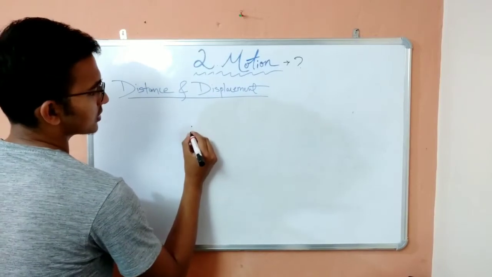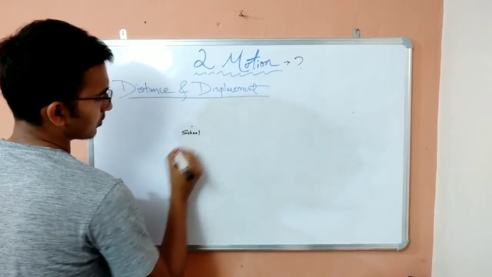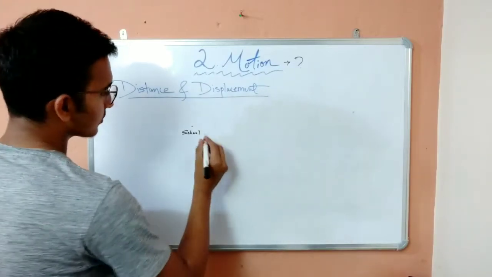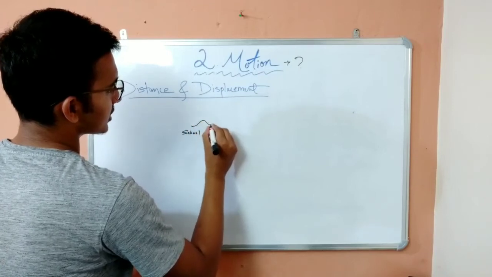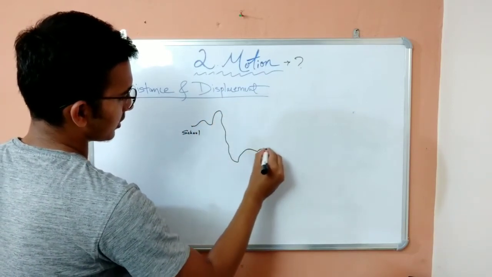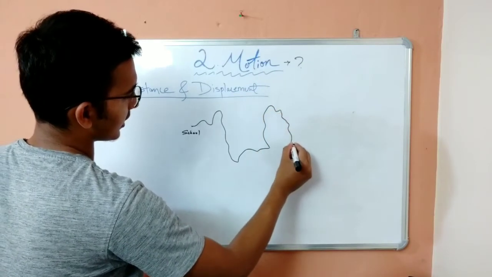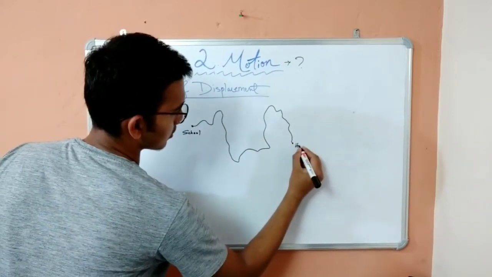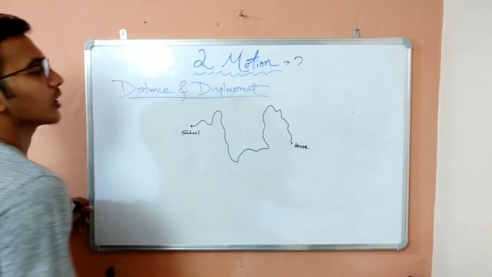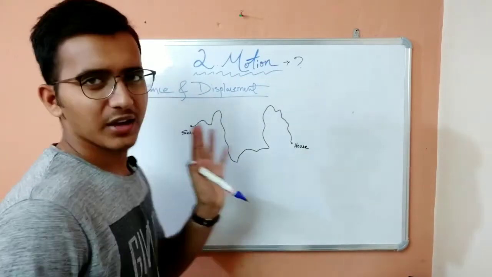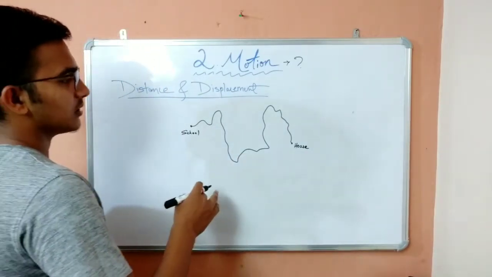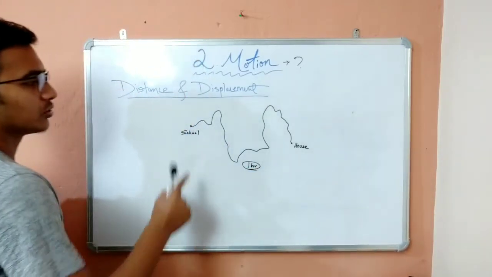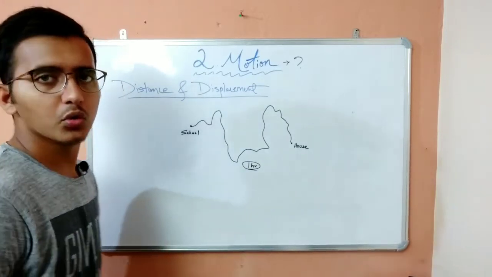Suppose this is your school. Doesn't look like your school, but suppose it is. And this is the path you're traveling. Over here there are some bastis and all. And then, suppose this is your house. You're traveling by van or bus, and it takes almost 1 hour to travel from your school to your house.